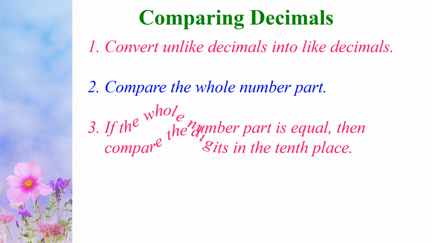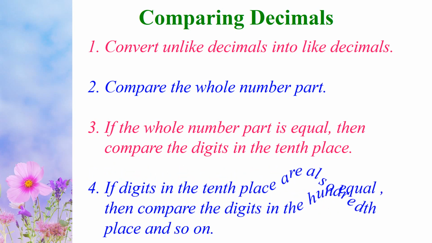Third, if the whole number part is equal, then compare the digits in the tenths place. Fourth, if the digits in the tenths place are also equal, then compare the digits in the hundredths place, and so on.